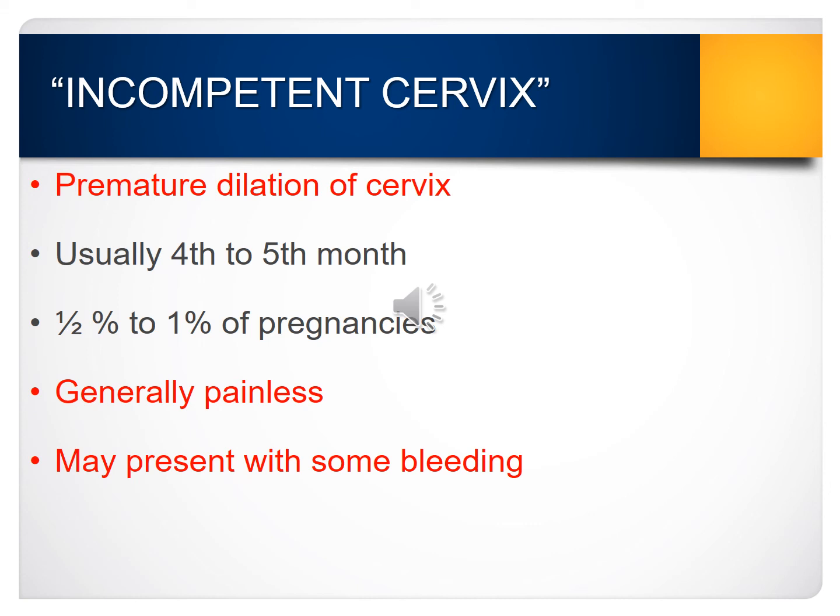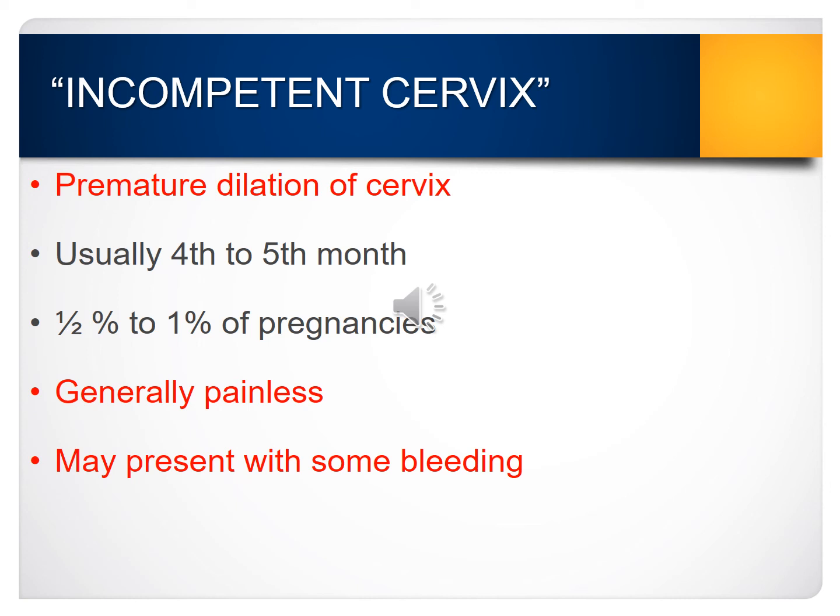So one of these strong predictors is a term that I do not like, incompetent cervix. To me, that just has a negative connotation to a woman if you tell her her cervix is incompetent. Whenever you use the word incompetent, it doesn't have a positive connotation. But that's the term we use.